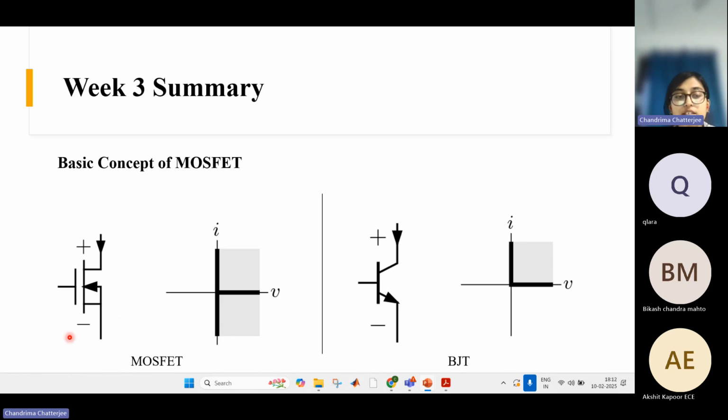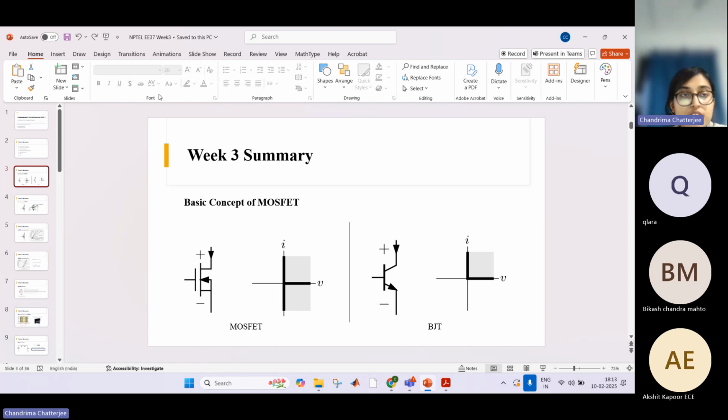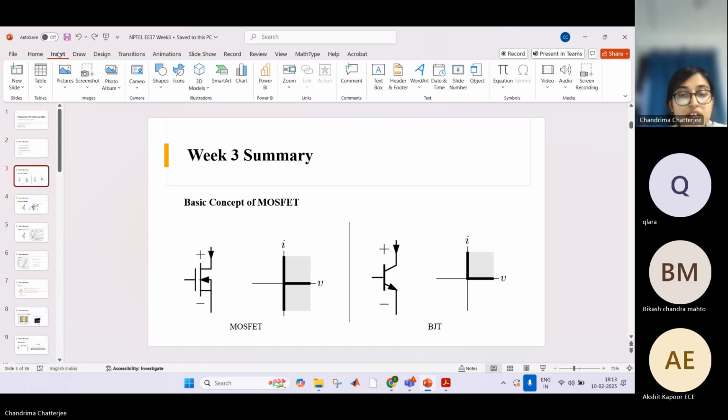So on the left hand side, this symbol is the symbol of a MOSFET, right? As you can see, there are three terminals here because this is a control switch. This terminal we call the drain terminal. This terminal here we call the source terminal. And this terminal here we call the gate terminal. I shall write it here.